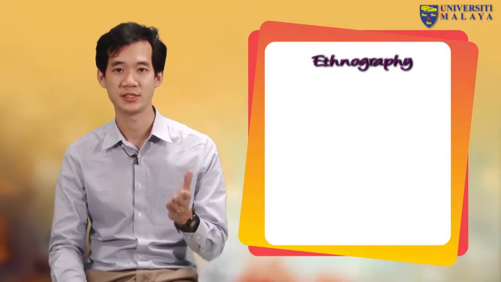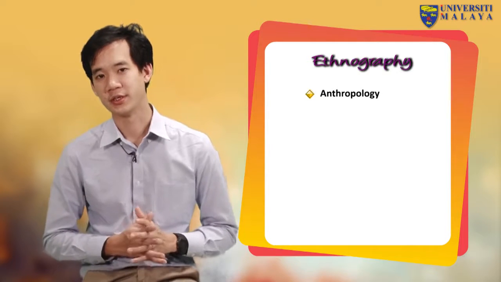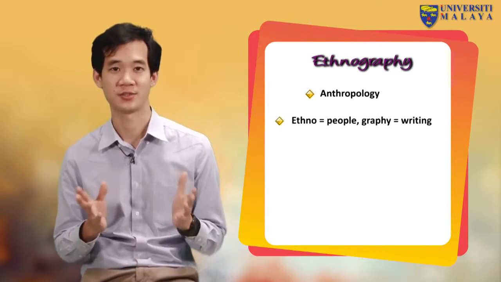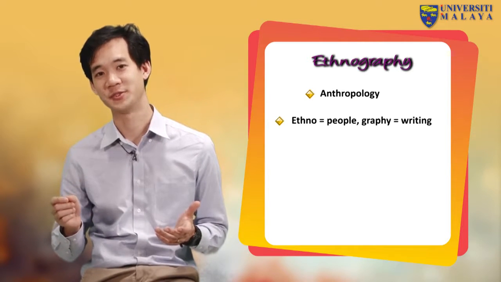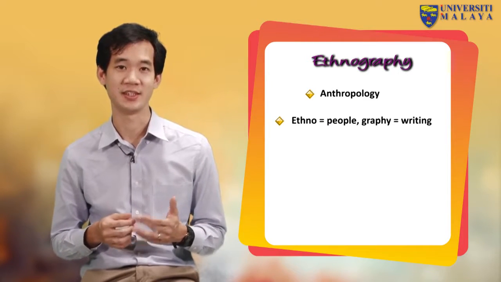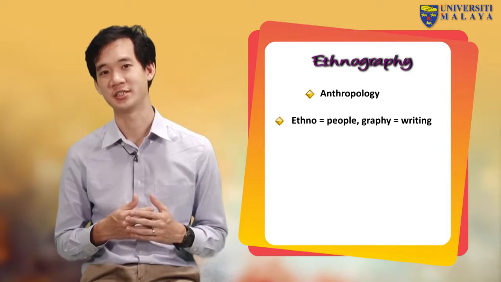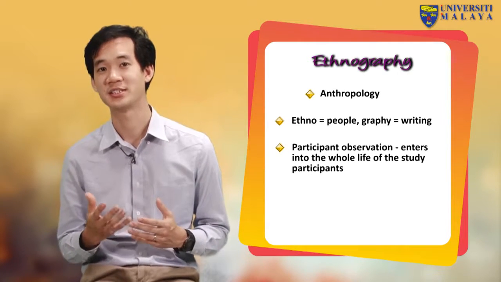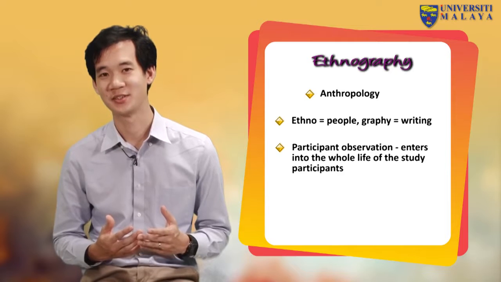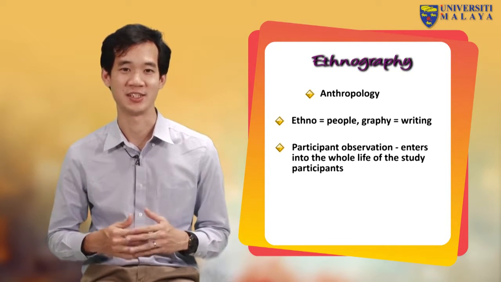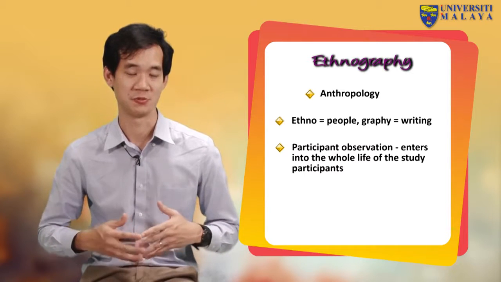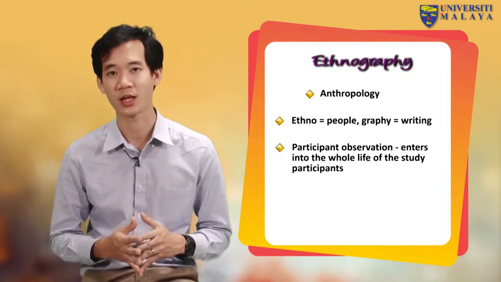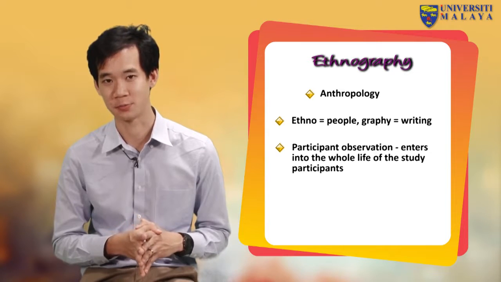Ethnography is a qualitative design that originated from anthropology. It comes from the word ethno, which means people, and graph, which means writing. Data in ethnography is collected through a method called participant observation. What does that mean? It means that the researcher becomes a participant and enters into the whole life of the study participants.